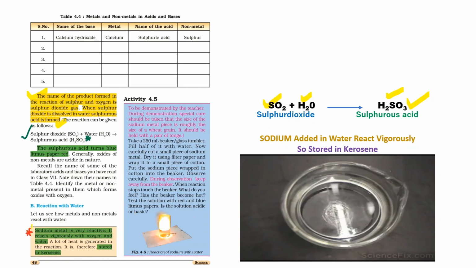Now another GK question is that sodium metal is very reactive and it reacts vigorously with oxygen and water. So that's why we use kerosene to store it. This experiment will give you the importance of why sodium metal is kept in kerosene.